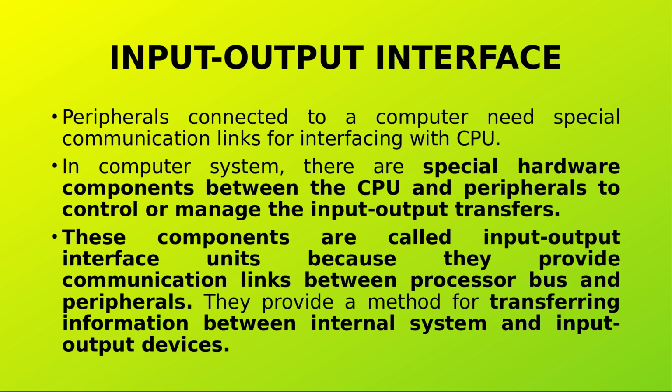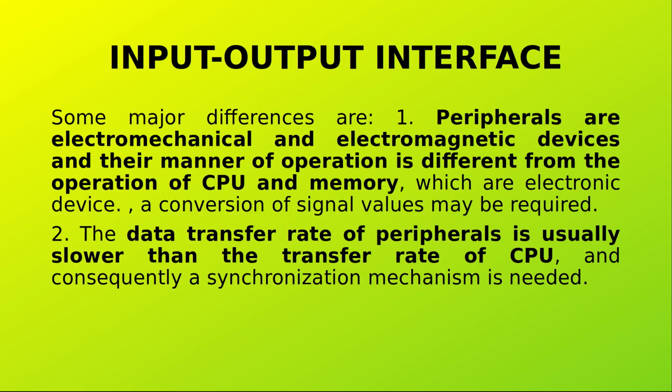What are the differences between the peripheral device and the CPU? The peripheral devices are electromechanical or electromagnetic devices, but the CPU is an electronic device. So signal value conversion may be required. Electronic devices work very fast compared to electromechanical or electromagnetic devices.